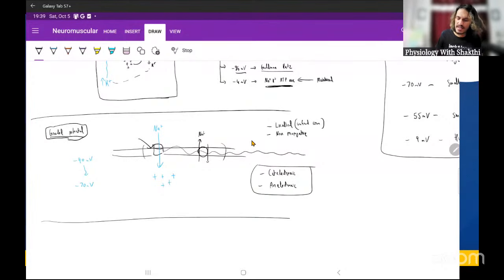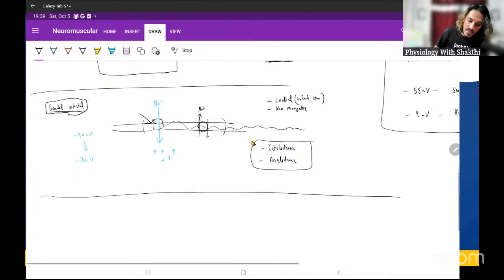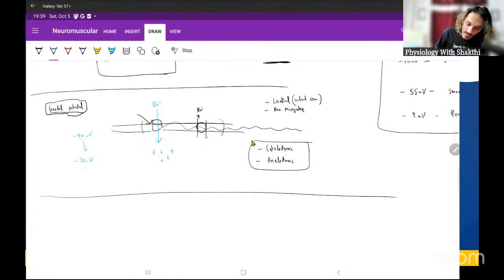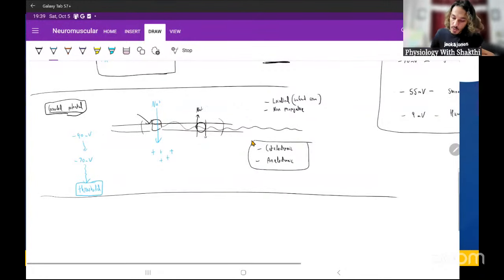Your cells keep getting stimulated, neurons keep getting stimulated. Doesn't mean every time it gets stimulated, it'll go into action potential. Most of the time, it'll go into a graded potential. Only if the graded potential keeps going and reaches a particular threshold level, then only will an action potential develop. So how will this look?